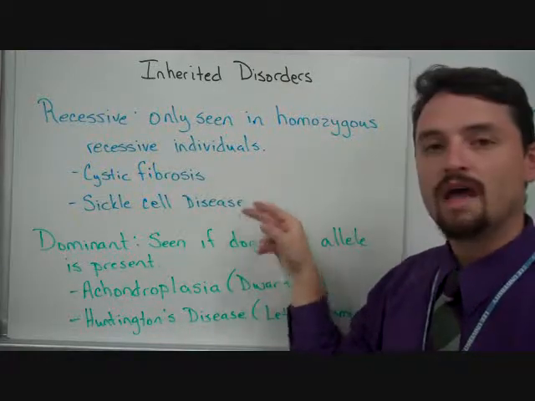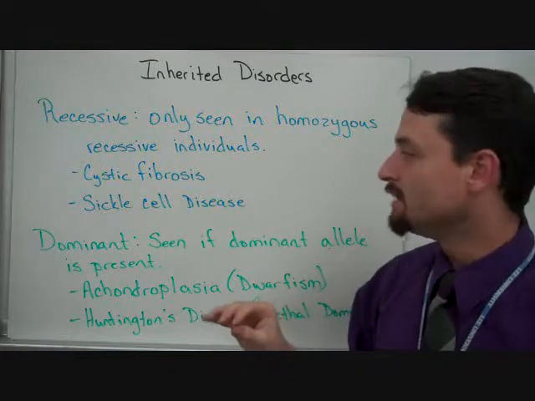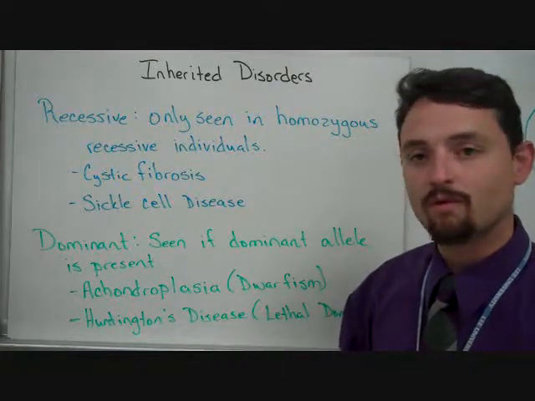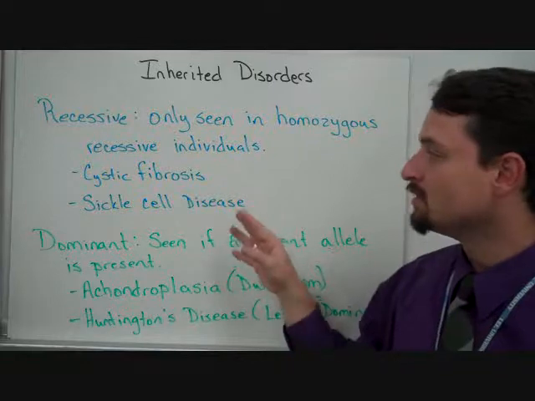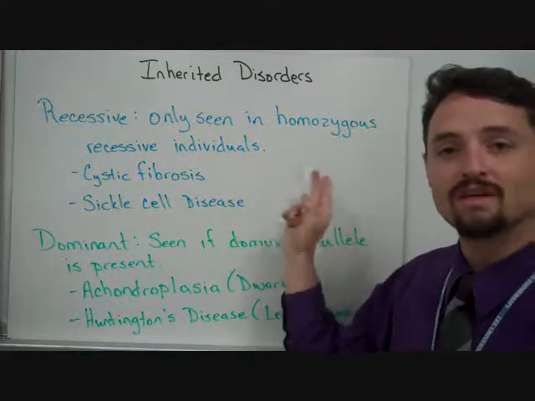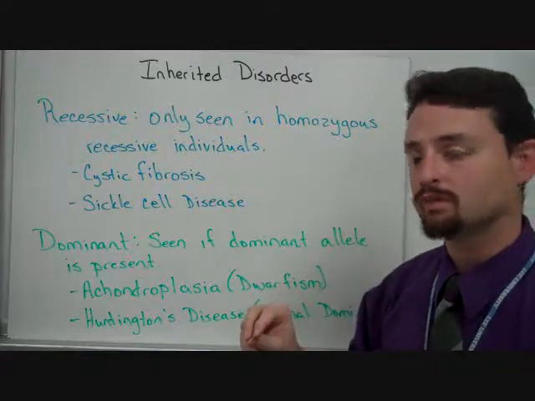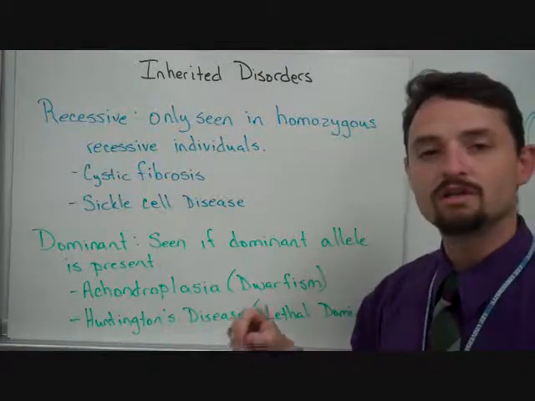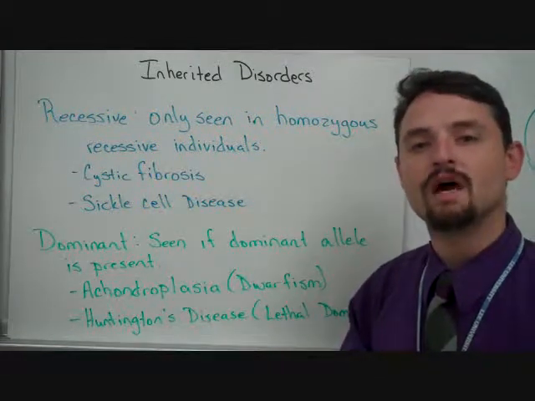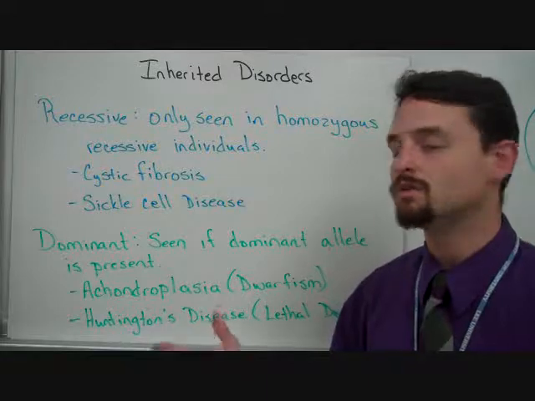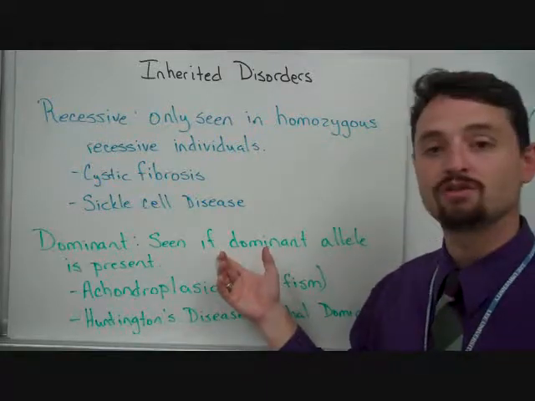This is more with African American descent. But that does not have to stay that way, especially in the U.S. And to have the condition, you have to have both the recessive alleles. In a dominant situation, that could be either the homozygous dominant or the heterozygous individual would show whatever the trait is that you're looking for.